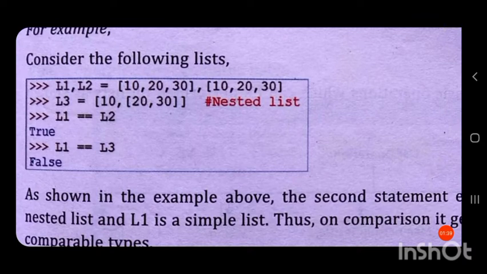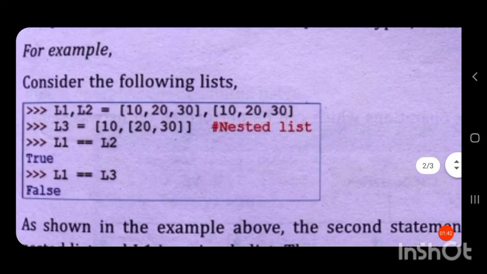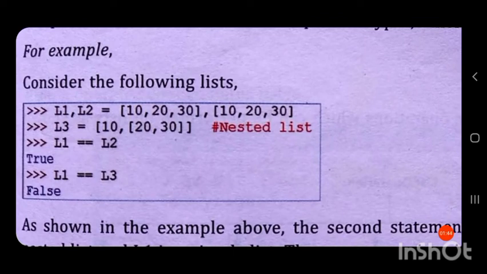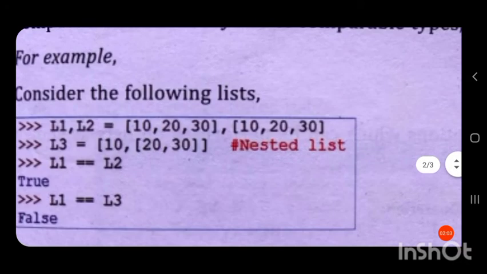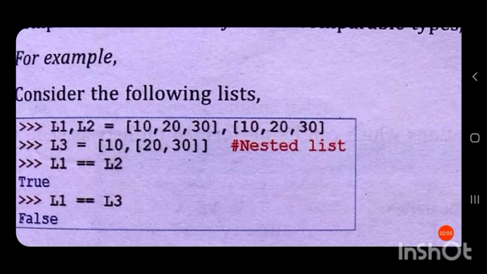Either we can write L1 equal to, in square brackets, 10, 20, 30, in the next line L2 equal to, in square brackets, 10, 20, 30, or we can write L1, L2 equal to two lists. If we give it like this, the first list will be assigned to L1, the second list will be assigned to L2.